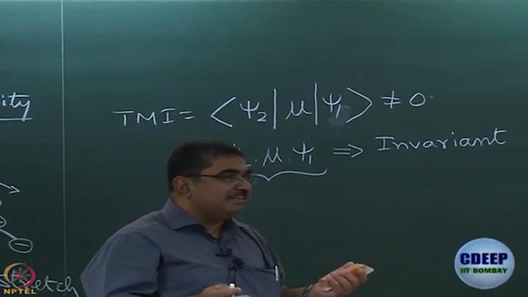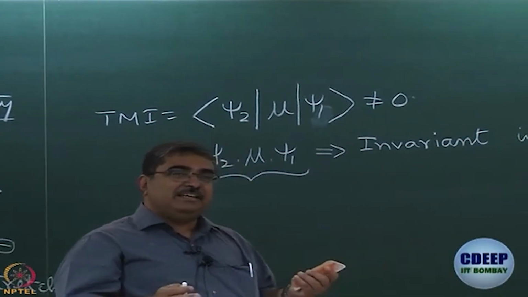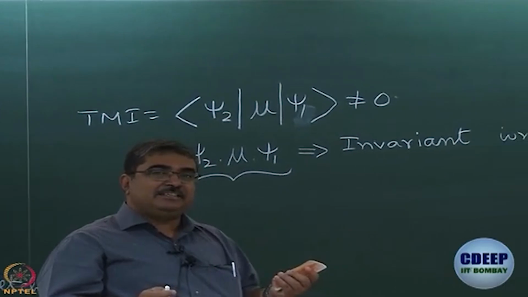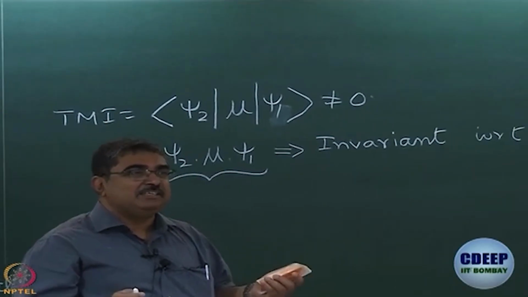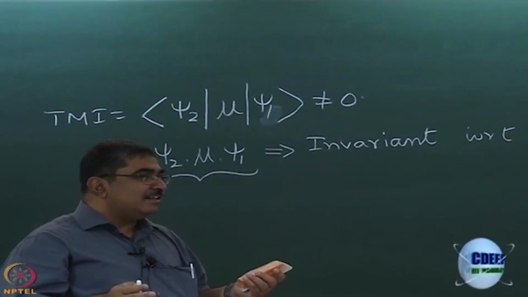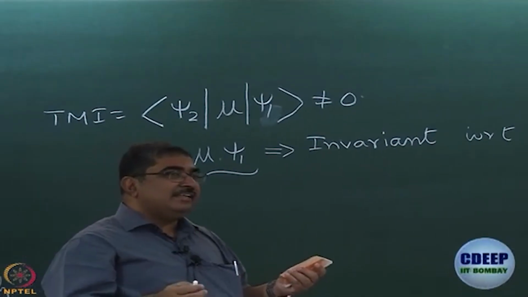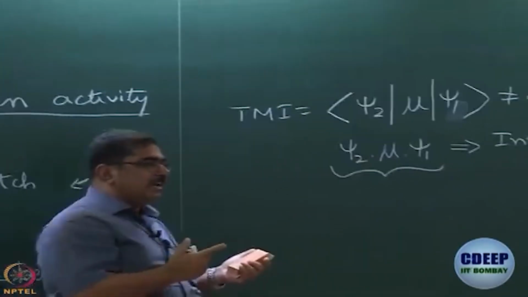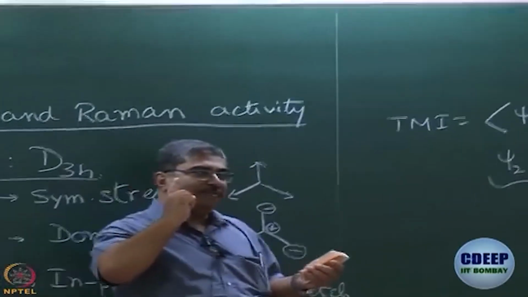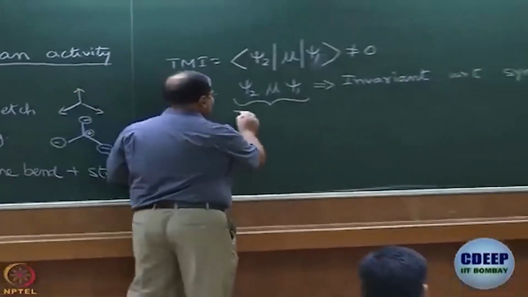Invariant means symmetric. So, which symmetry species is symmetric with respect to each and every symmetry operation? Yes? Identity element E. No, the capital E is only one operation. I am saying, well, the totally symmetric representation is the answer.